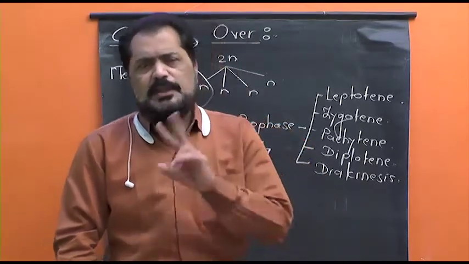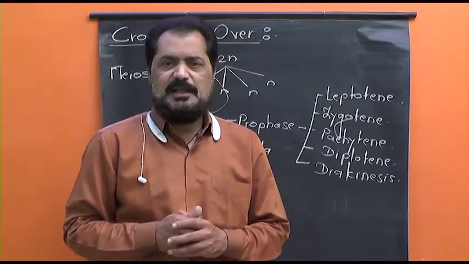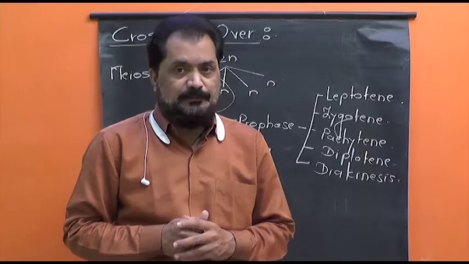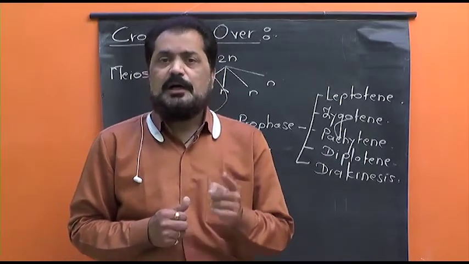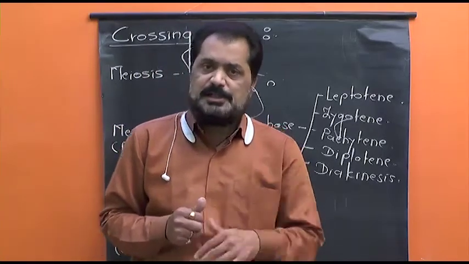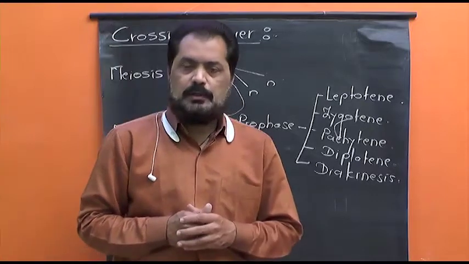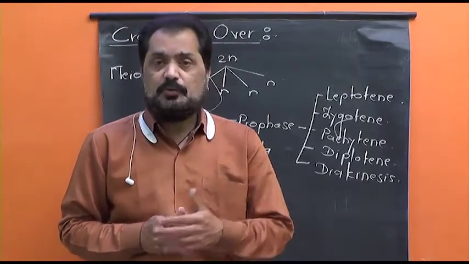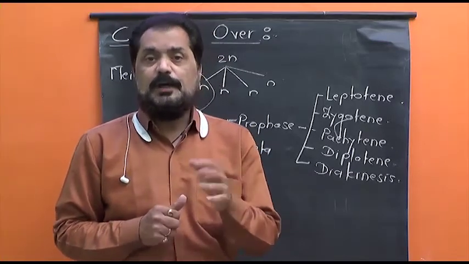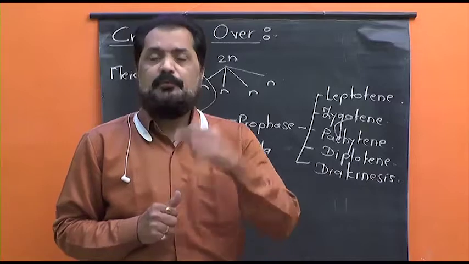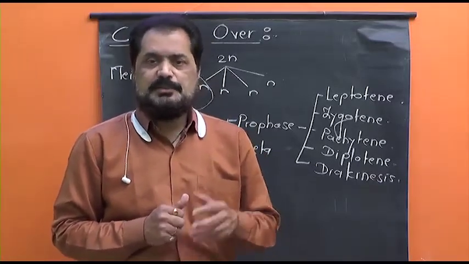Actually, two major scientists, one a Belgian cytologist, Janssens, and another great geneticist, T.H. Morgan, contributed a lot in the study and discovery of the mechanism of crossing over. क्रॉसिंग ओव्हर कसं घडून येतं, ही प्रक्रिया कशी घडून येते, how is the mechanism of crossing over, it was studied well by T.H. Morgan and before that a little bit contributed by Belgian cytologist Janssens.